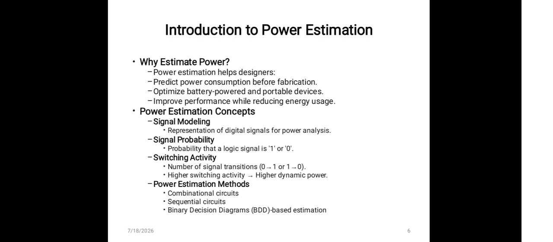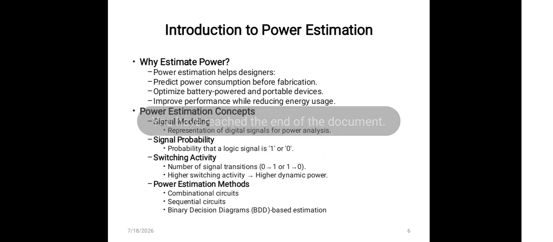Therefore, circuits with more frequent switching generally consume more power. Finally, engineers estimate the average power consumed by combinational and sequential circuits using various analytical methods, including binary decision diagram or BDD, and these techniques help designers build circuits that meet performance requirements while minimizing energy consumption.